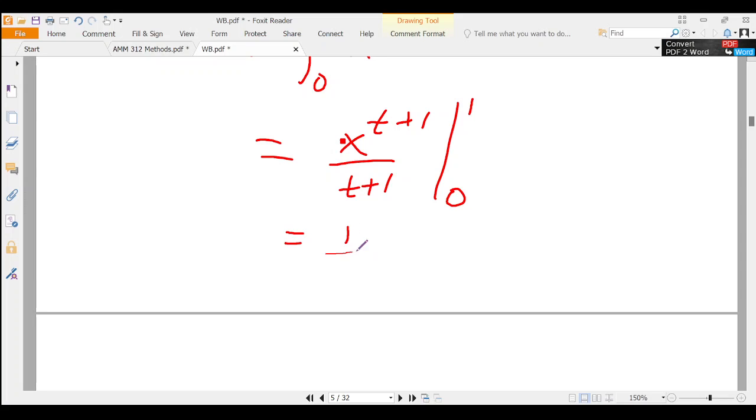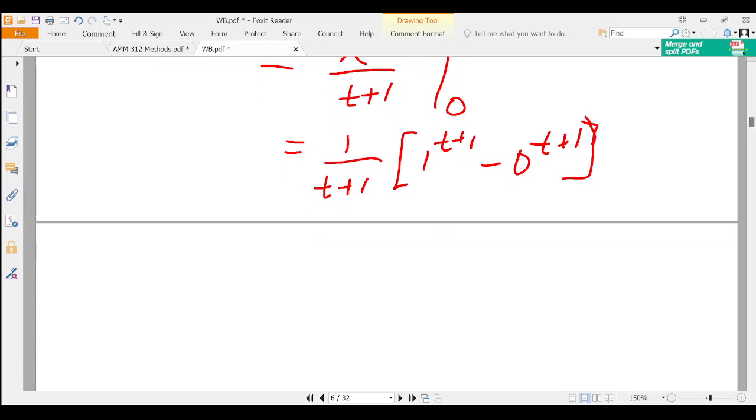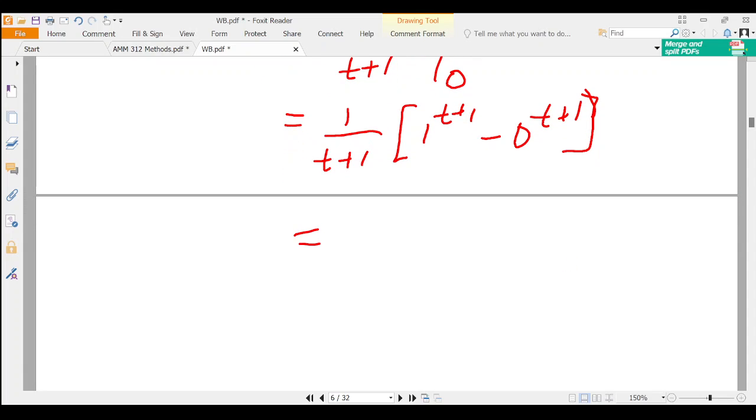So that we get 1 over t plus 1, then 1 raised to power t plus 1, minus 0 raised to power t plus 1. And 1 raised to power t plus 1 is 1, 0 raised to power t plus 1 is 0. So this gives 1 all over t plus 1.